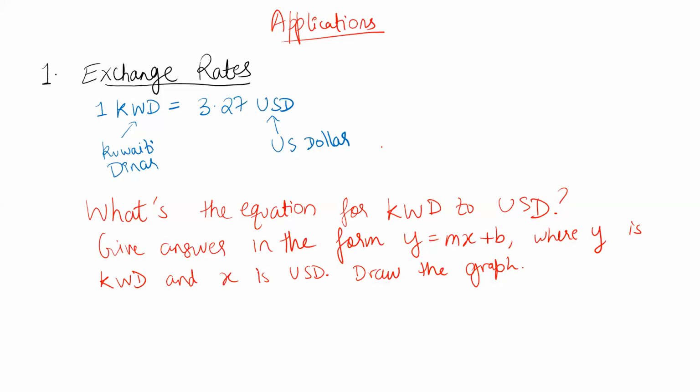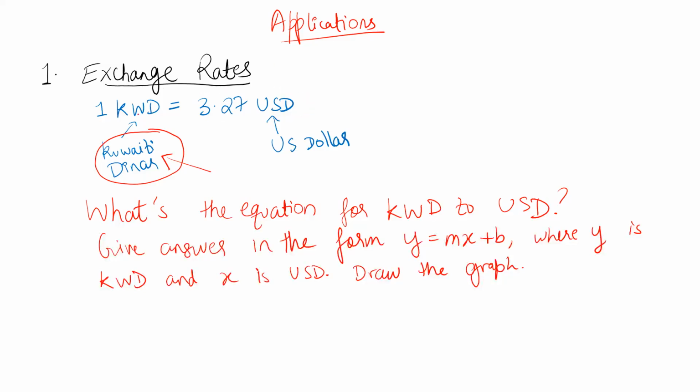One case where straight lines are used a lot is exchange rates, right? If you're converting from one currency to another currency, like let's say the Great British Pound to the dollar, or in this case the Kuwaiti dinar, which is actually the strongest currency in the world. The exchange rate with the United States dollar for the Kuwaiti dinar is the highest.